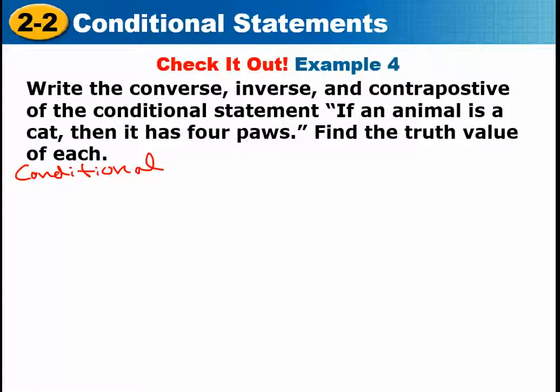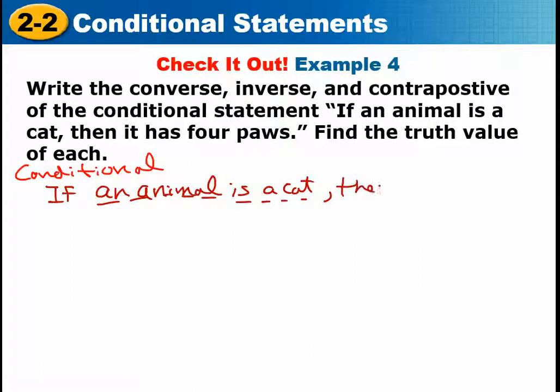All right, write the converse, inverse, and contrapositive of the conditional statement, and I'm going to rewrite this. If an animal is a cat. Now that's our hypothesis. An animal is a cat. Then it has 4 paws. That's our conclusion.